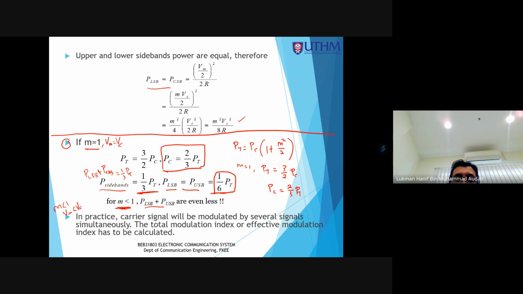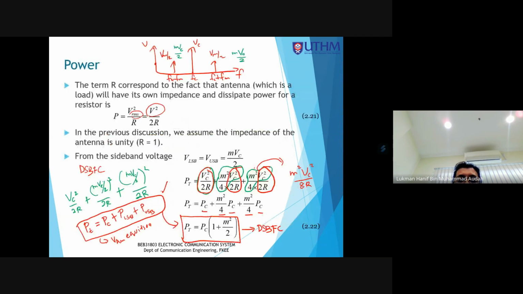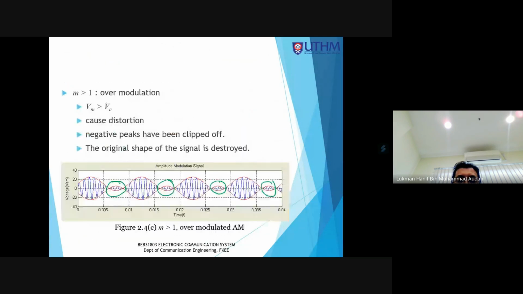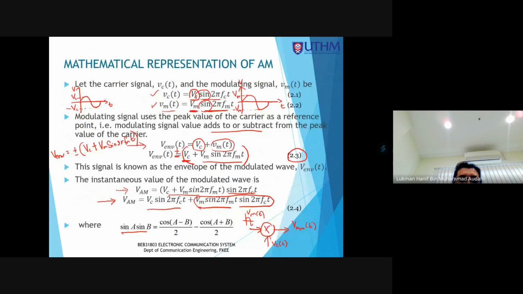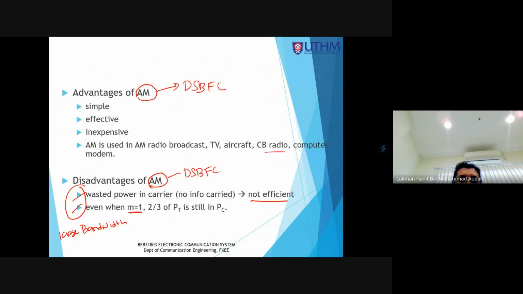So if I go back to the previous statement, the disadvantage is that power is wasted on the carrier side, where the carrier does not contain any information.